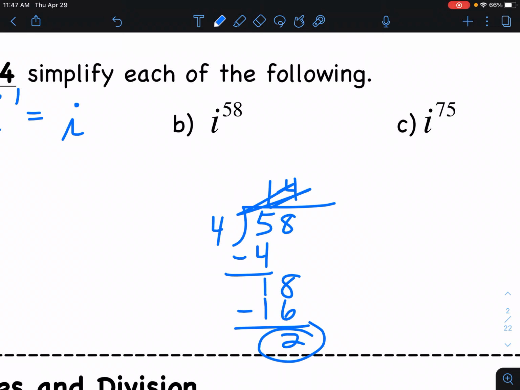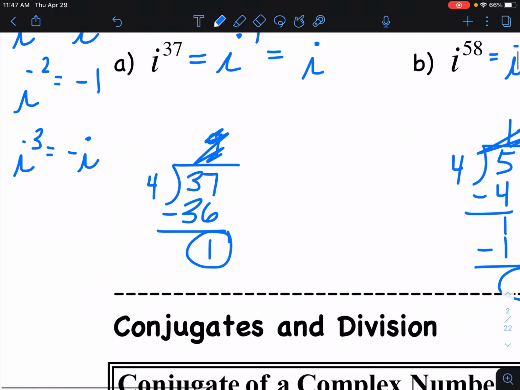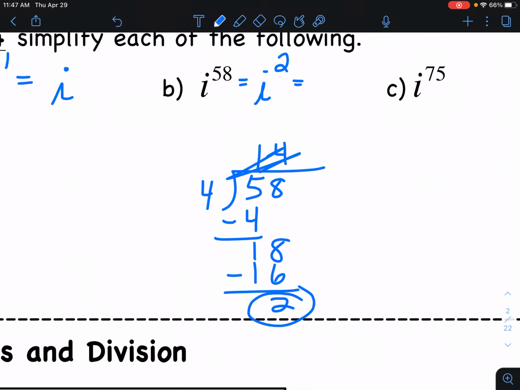Again, the 14 doesn't mean anything. It's the remainder of 2. So that means that i to the power of 58 is the same thing as saying i to the power of 2. The remainder becomes your exponent. And look at the left of the screen. We know that i to the power of 2 is -1. So -1 is our answer.